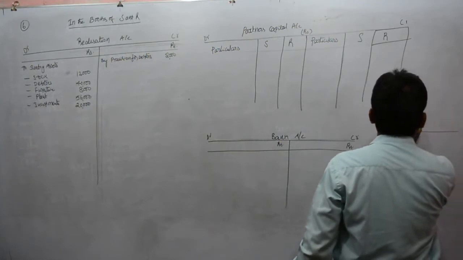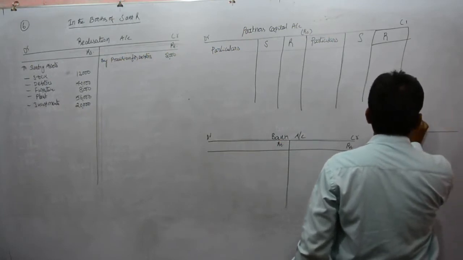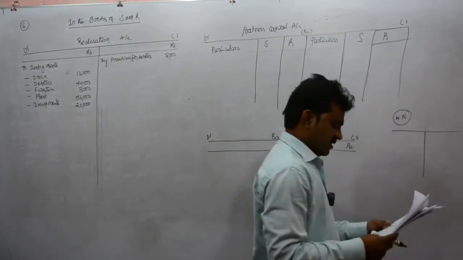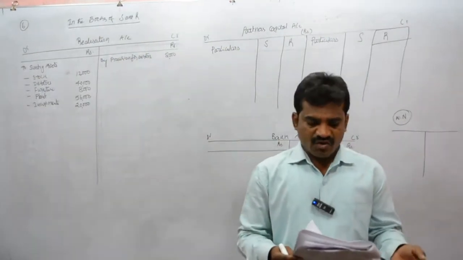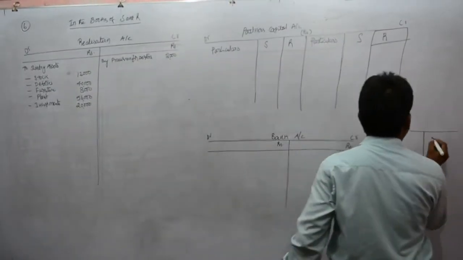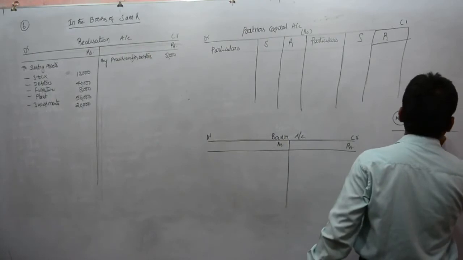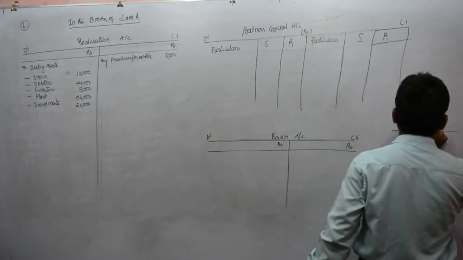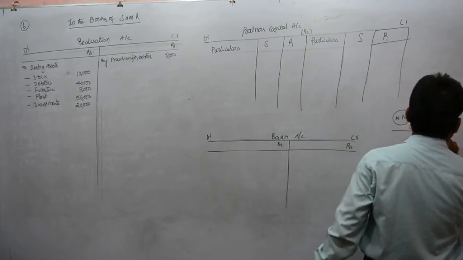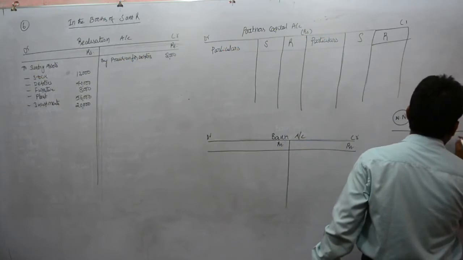In that working note you can find out the realization profit or loss, and then you can transfer that to the realization account.